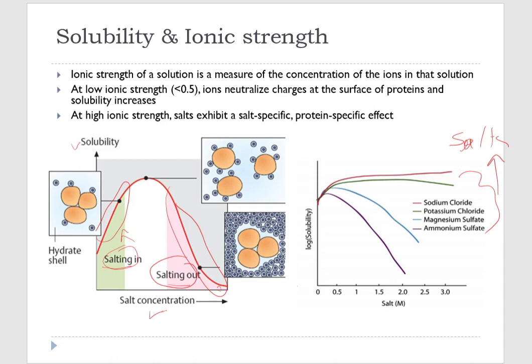So we can say here protein is dehydrated. Okay, because of this dehydration, protein molecules come together and they might aggregate and precipitate. Okay, that's the reason for decreased solubility at high salt concentration.